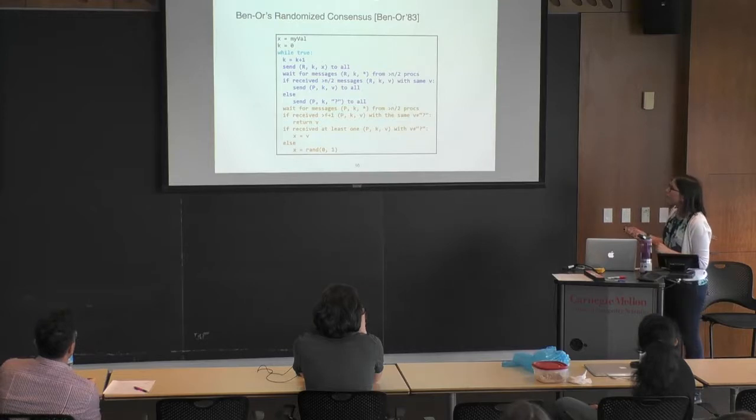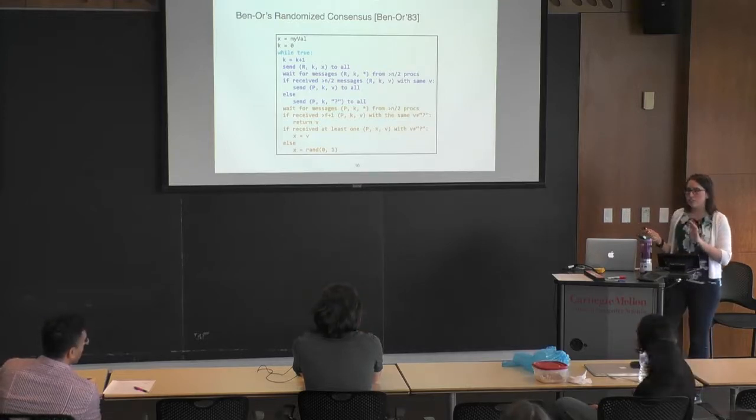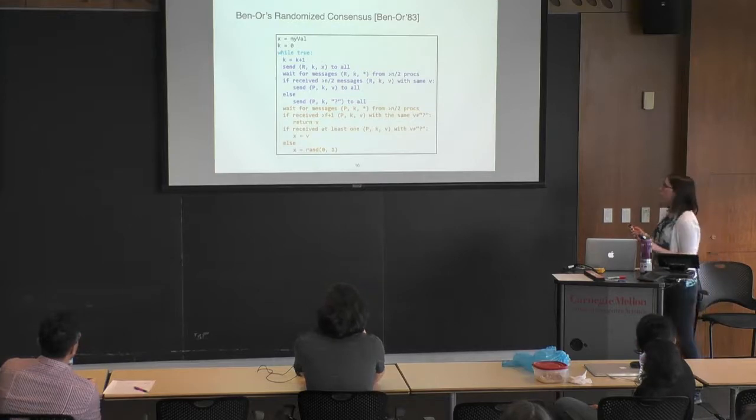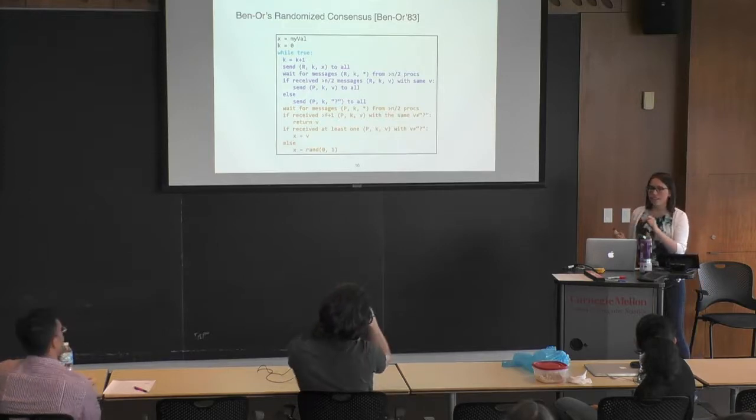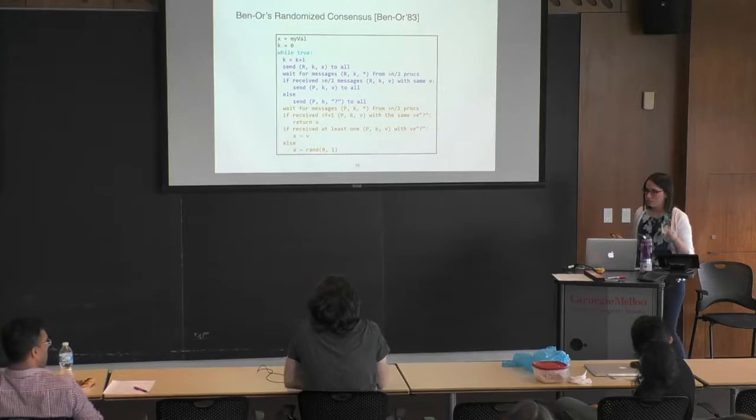So this is an example of an algorithm that solved consensus in message passing. This is an algorithm that was introduced by Ben-Or in '83 to basically say the impossibility result is stupid.